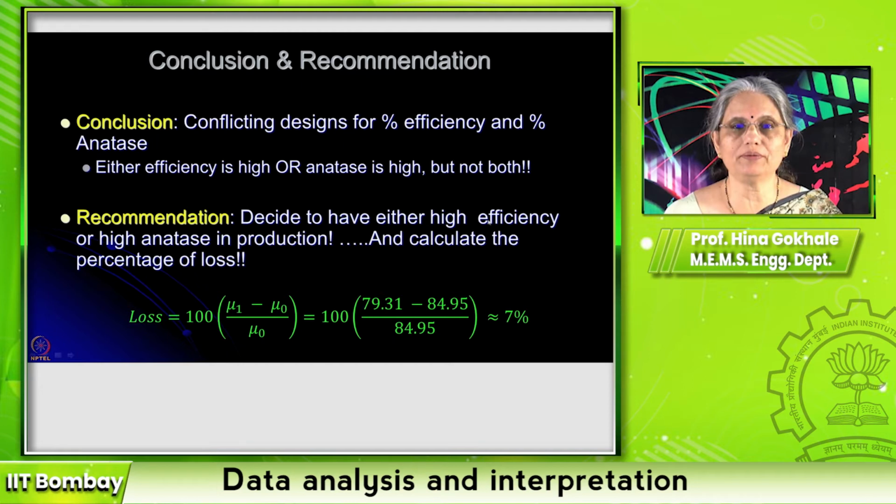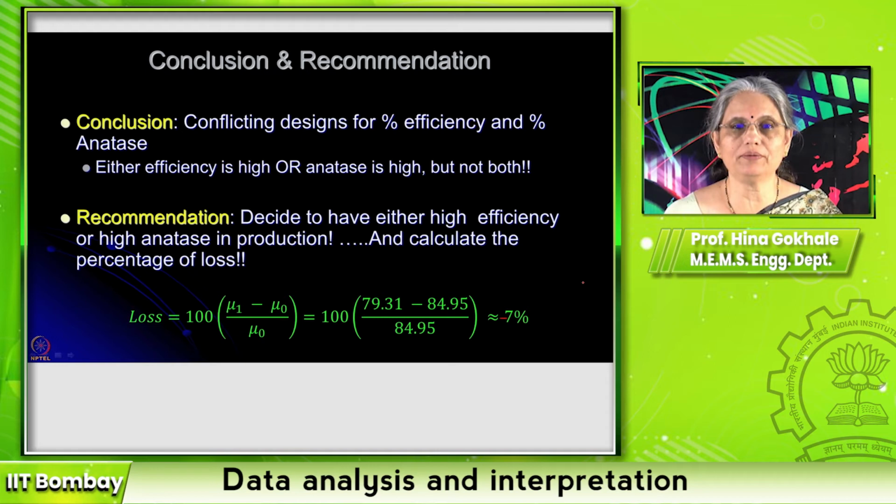but now that you have decided that you want a high efficiency, you are losing your mean value from 84.95% to 79.31%. And this comes to, I am sorry, it is a negative 7%. So, I must write it down, it is negative. Okay. So, it is roughly negative 7%.